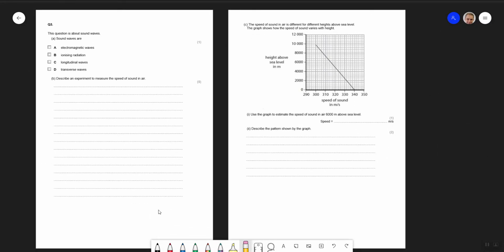This question is about sound waves. Sound waves are longitudinal waves. Describe an experiment to measure the speed of sound in air. So, if we think about this, what am I going to put in?